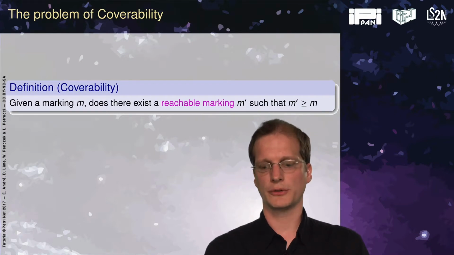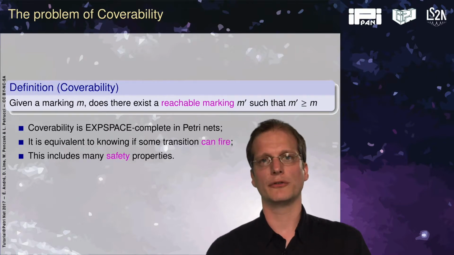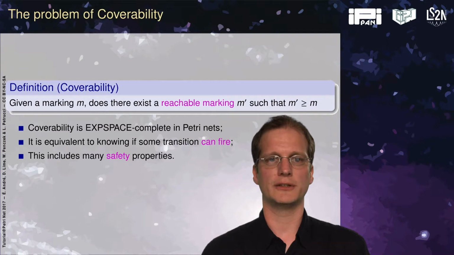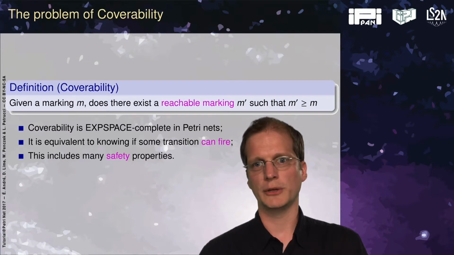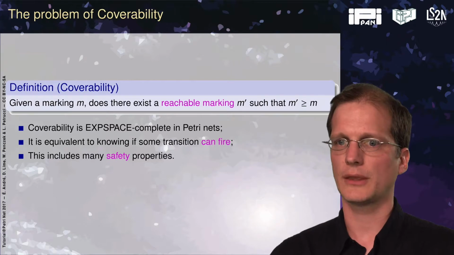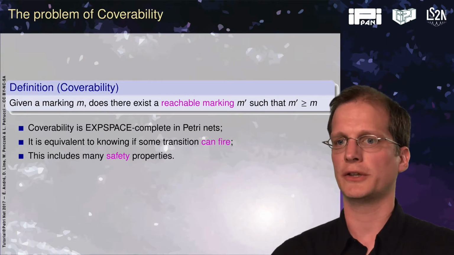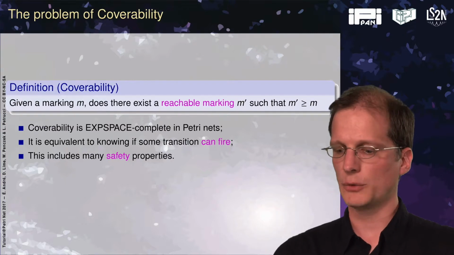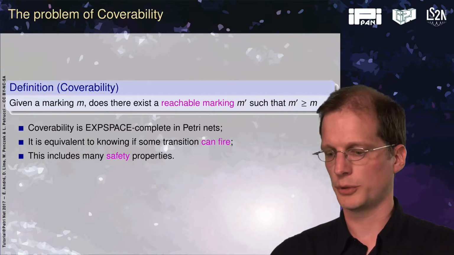And this is important because with coverability, we can actually know if a transition can fire, because we have enough marking to make it enabled and then fireable. So this includes in particular many safety properties which can be modeled by the firing of a transition to some error marking. So coverability is known to be EXPSPACE-complete in Petri nets, and we will now extend this problem to parameters.